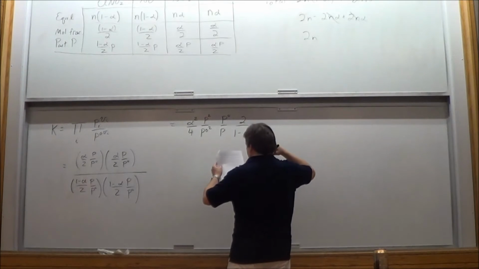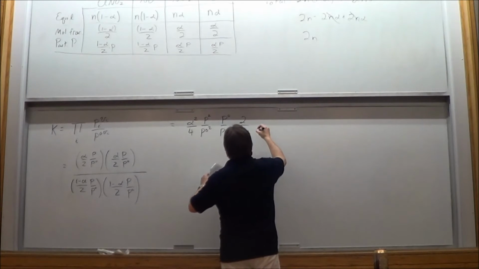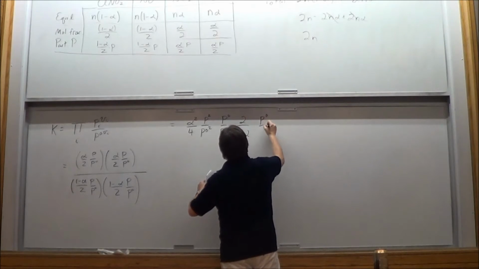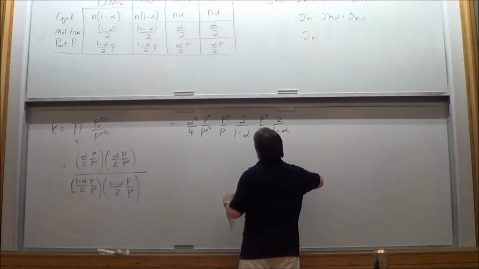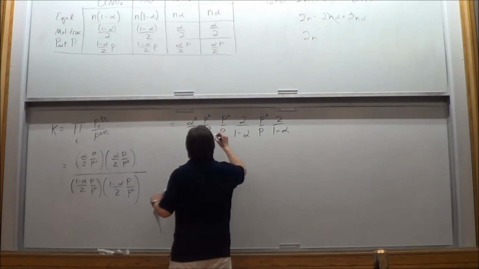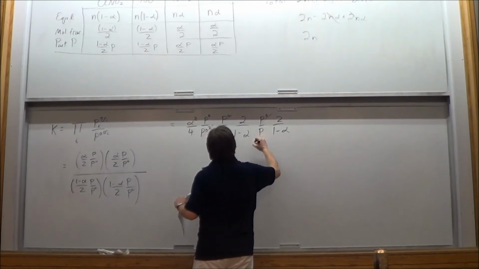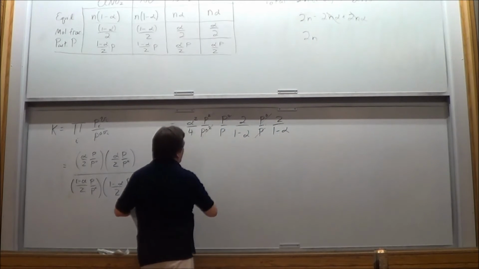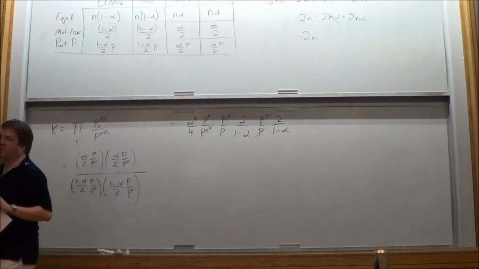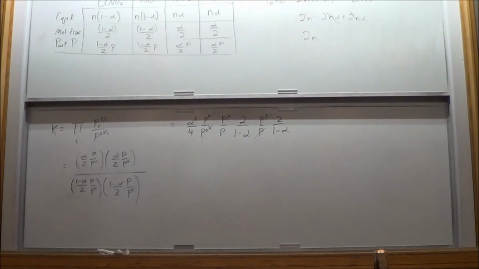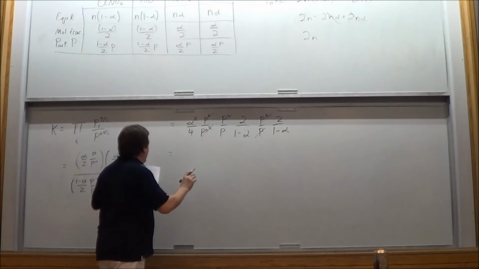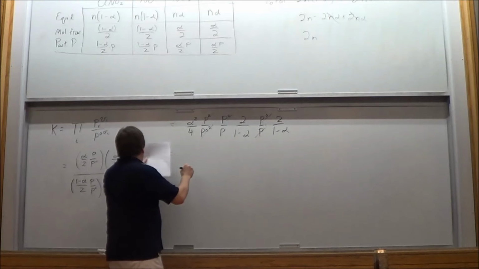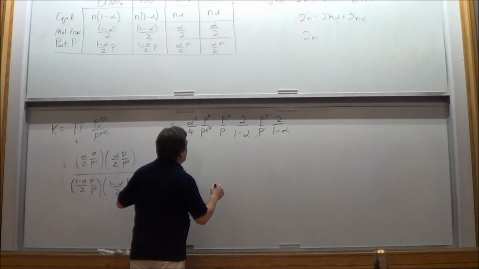P naught over p, 2 over 1 minus alpha. Okay, canceled, canceled, canceled, canceled, canceled. All right, this is a friendly one. The pressure's canceled. It's not really much harder when they don't. I'll show you how to deal with that. This is an easy, relatively, example.